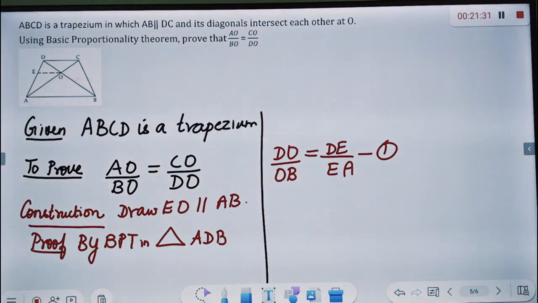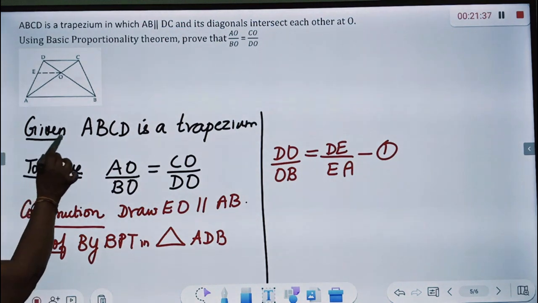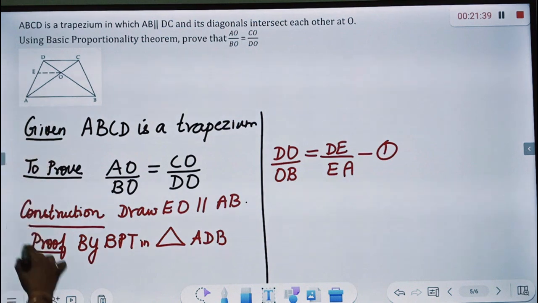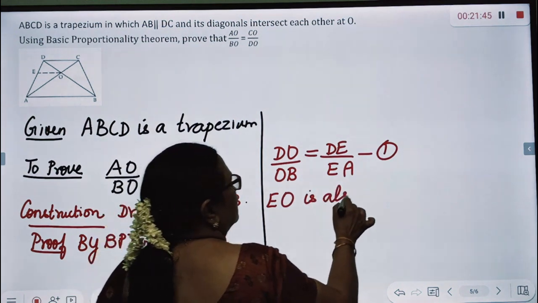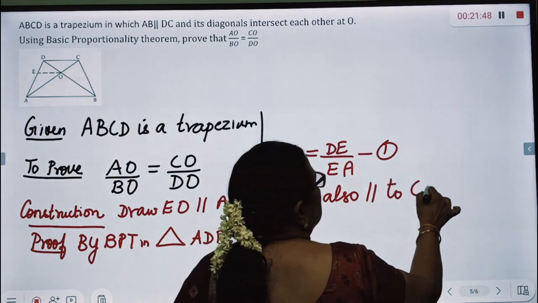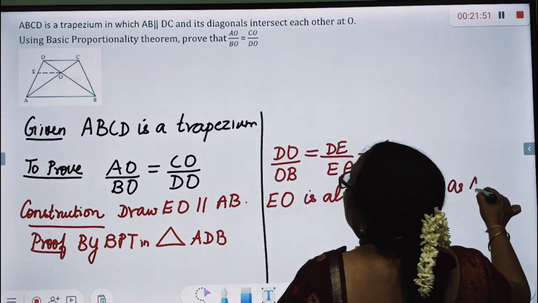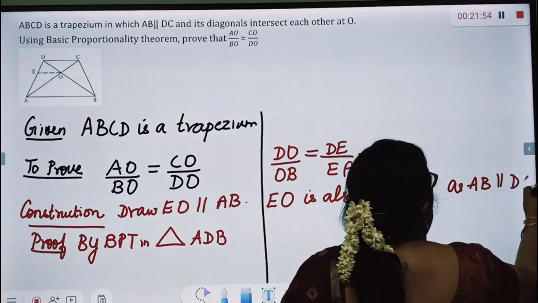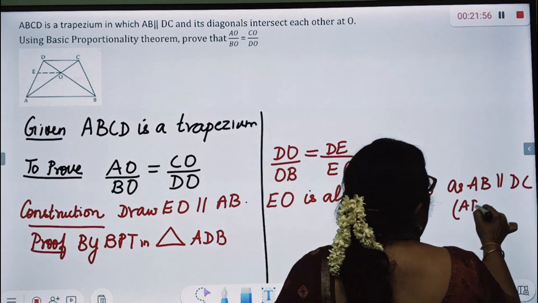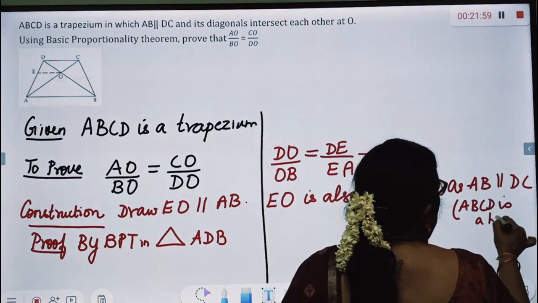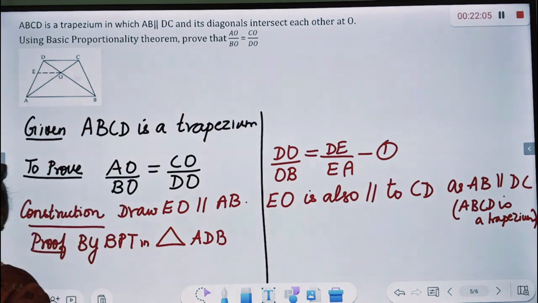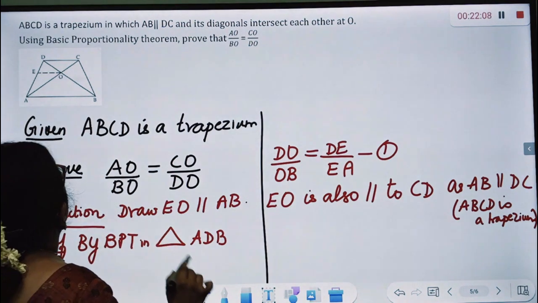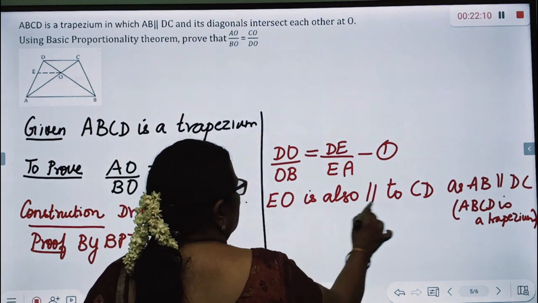Now, see, we have drawn EO parallel to AB. So EO is also parallel to CD. Why CD? As AB is parallel to DC. Why? ABCD is a trapezium. Opposite sides are parallel. Now EO is parallel to DC.